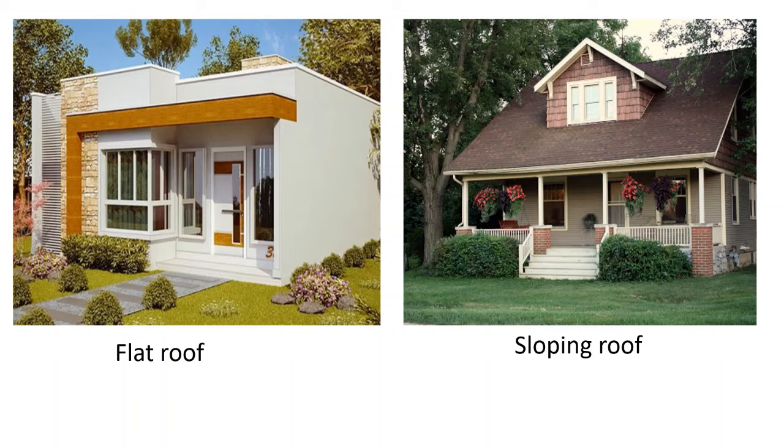Sloping roofs are built where it rains or snows a lot. It helps rainwater or snow to slide down easily. Whereas flat roofs are built where it does not rain or snow often.